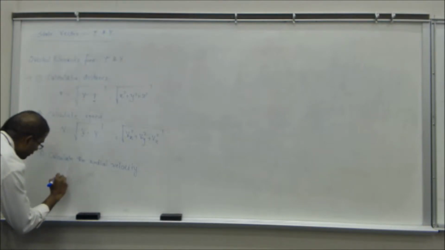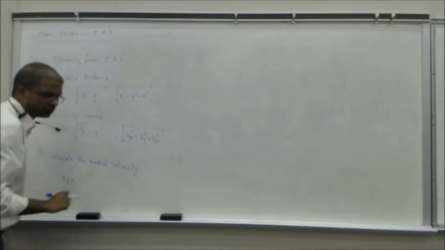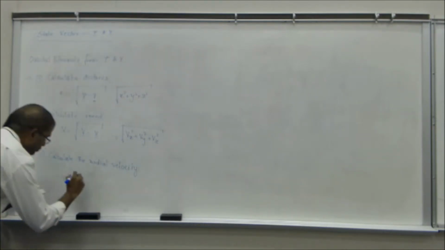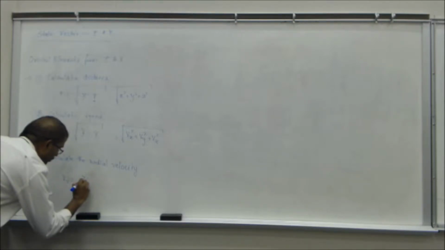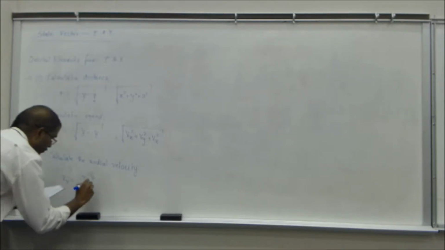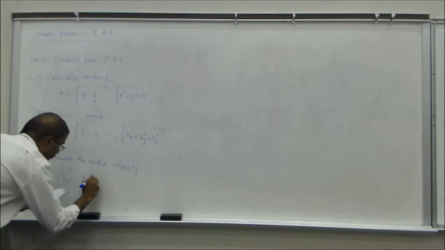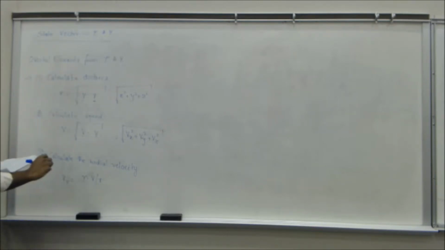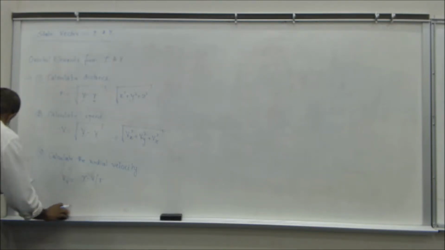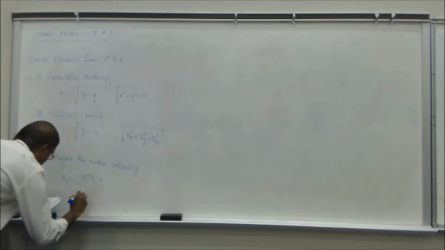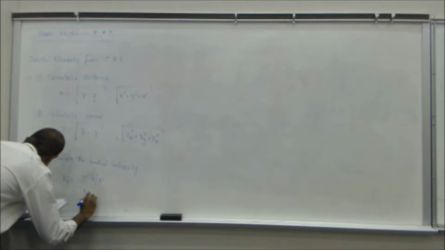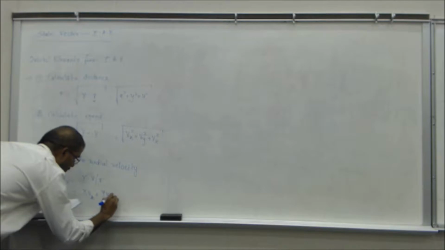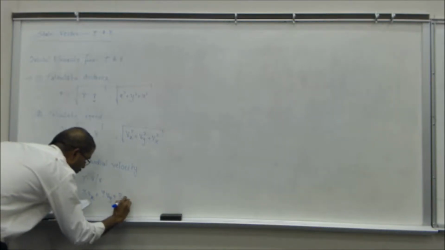So radial velocity, Vr, is equal to R dotted with V, divided by R. This is equal to x vx plus y vy plus z vz, over R.